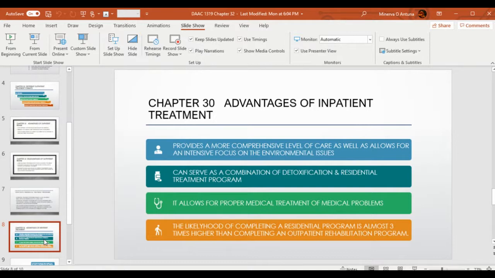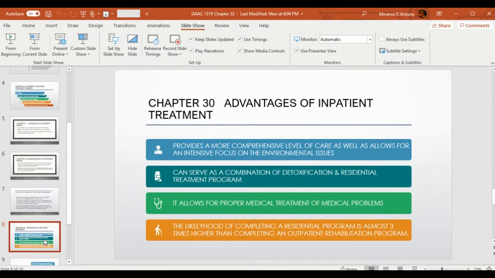Residential inpatient treatment is a resource-intensive, high level of care, generally for the client who has a severe level of addiction, whose mental health and medical needs and addictive behaviors require a 24-hour structured environment to make recovery possible.